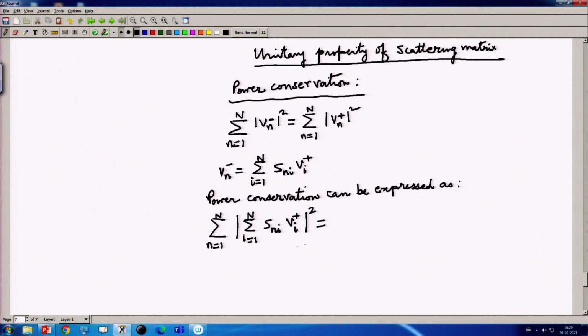All we did was substitute from V n minus, that is the left hand side. So, by substituting from this equation to that equation, we simply obtain this equation.